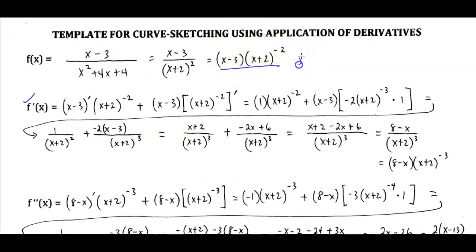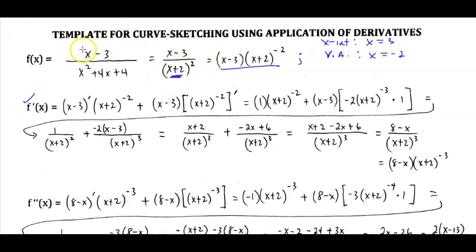Before I get into that, let me go ahead and mention this, even though I mention it later. We recognize that we're going to have an x-intercept at x equals 3. We also see that because of what we're looking at here, we are going to have a vertical asymptote at x equals negative 2.